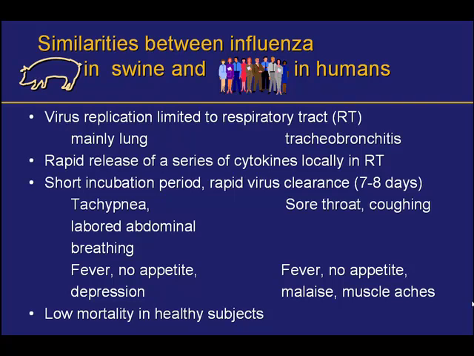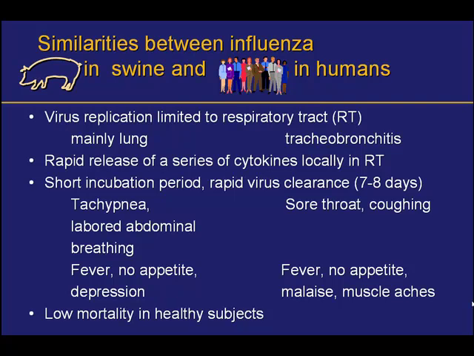The very same cytokines have also been found in respiratory secretions of humans with influenza. And what's more, it seems that a cytokine storm or an overproduction of cytokines is responsible for very severe human influenza infections, like the 1918 flu and like H5N1 in humans.